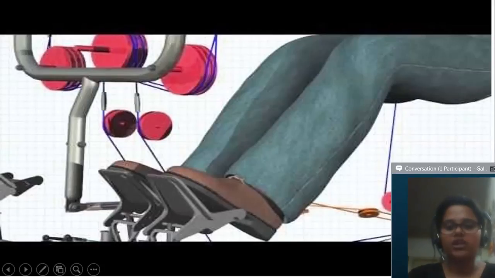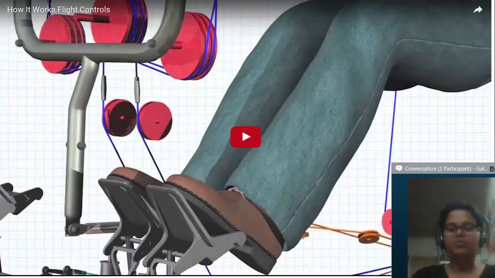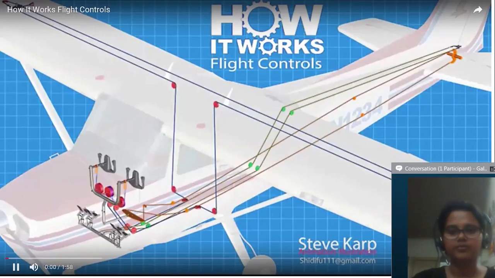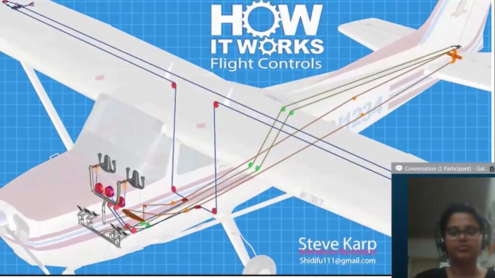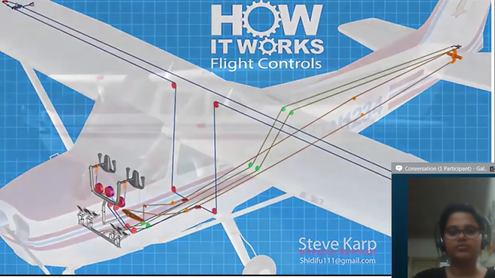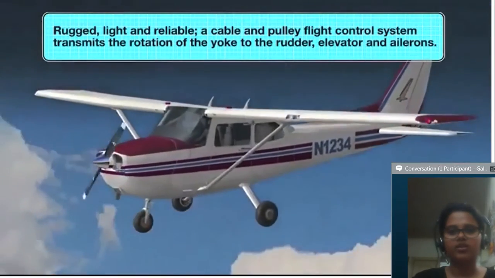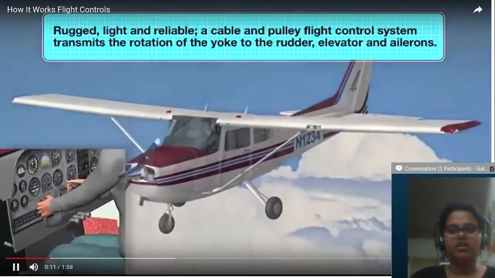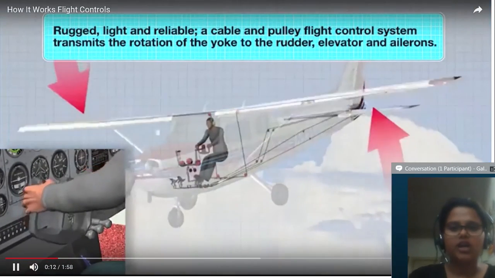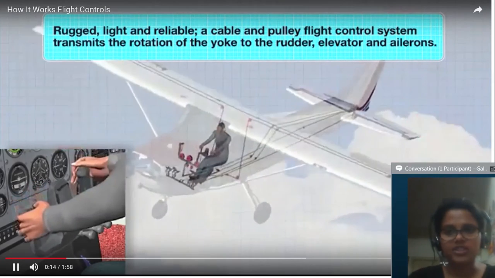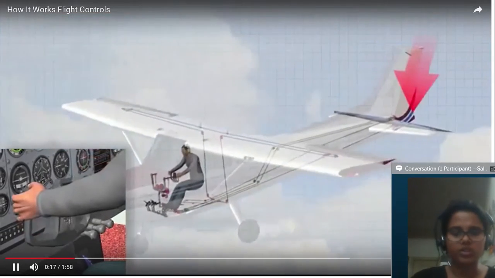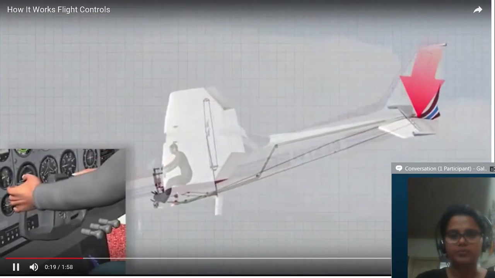So friends, now let's have a look on this video, how radar will help to control a system. Light and reliable, a cable and pulley flight control system transmits the rotation of yoke to the pilot.